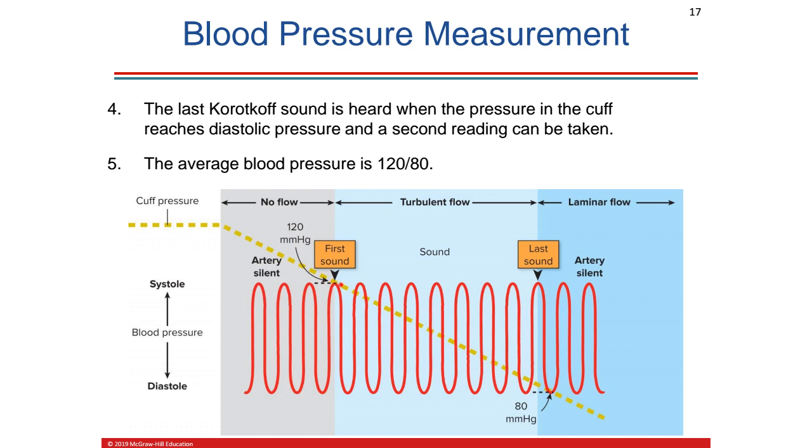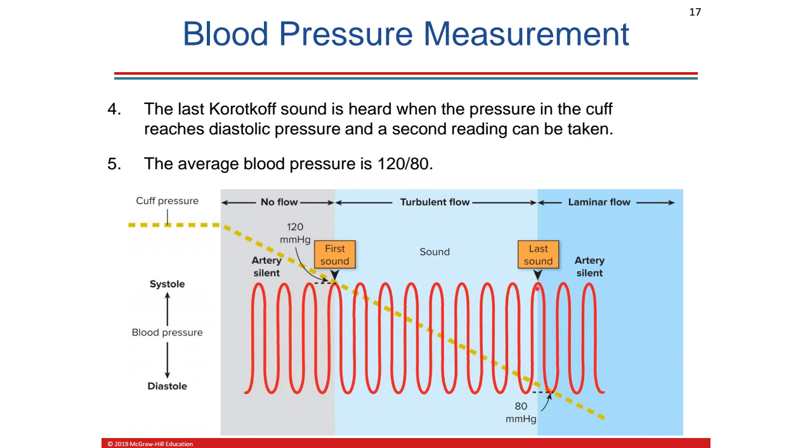When we reach systole, then we have spurts of blood coming through, and because of the change in diameter of the tube, the blood vessel, we have turbulent flow, and so we'll hear the first Korotkov sound. And we'll continue to hear Korotkov sounds with each systolic pressure wave. And then eventually we get to the point where we reach the diastolic blood pressure.